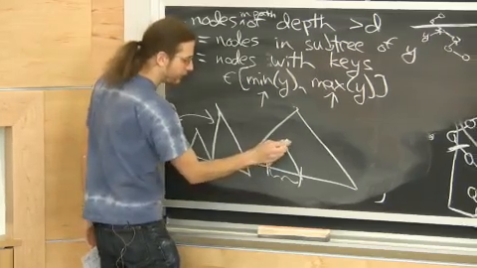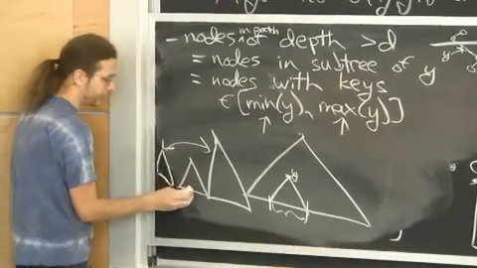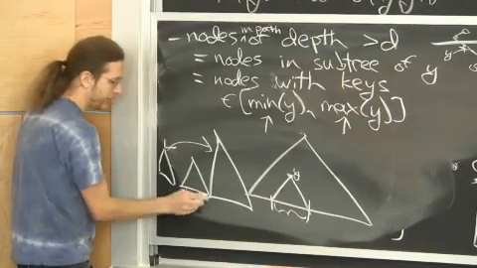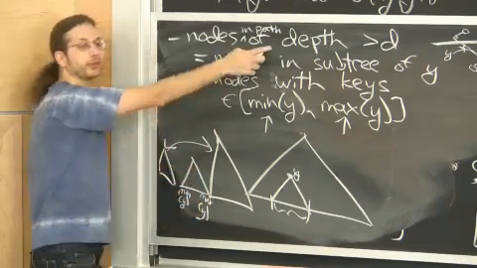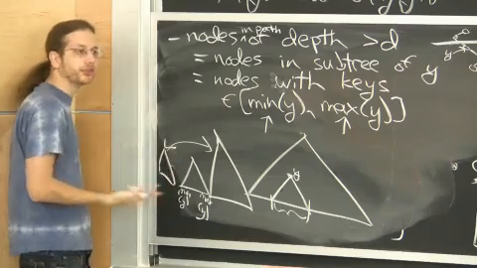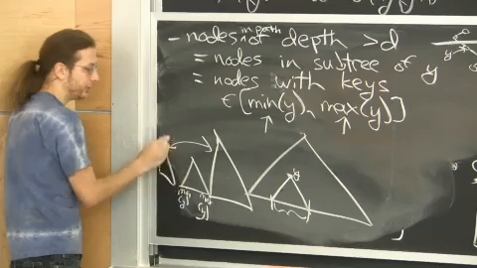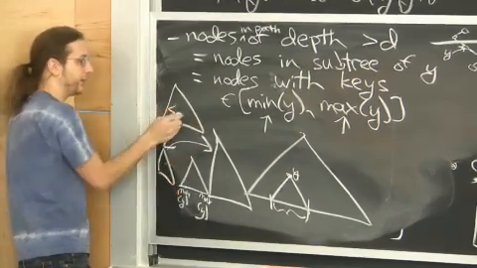This is y. This is in the interval min of y to max of y. So I wanted those guys. Those are the nodes that are deeper than d. I also want the nodes altogether that are less deep than d. That's these nodes and these nodes. So I concatenate these together, get one big tree that represents things with depth less than d.